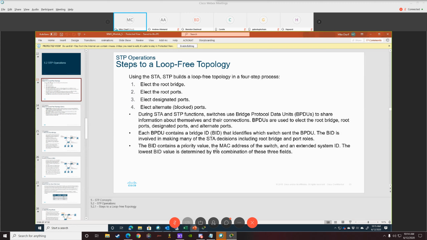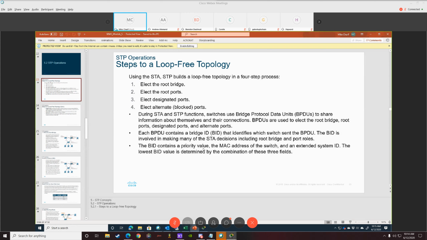Priority value, for example, I think it's 32768 by default. So all the switches by default are going to have the same priority value, which is 32768, if I'm remembering correctly.